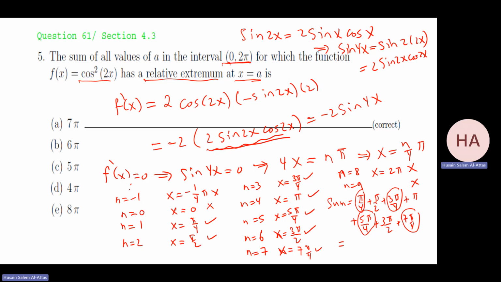So I have 12 plus 4, 16. That will give me 4 pi. Over 2, I have this and this. So I have 4, that will be plus 2 pi. And there is plus pi. So the answer is 7 pi. Calculation, nothing to worry about. Just you need to figure it out from here.